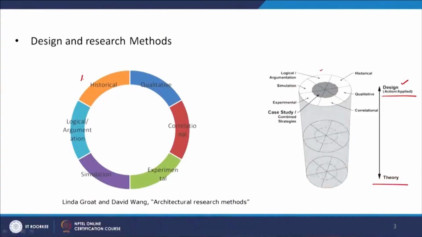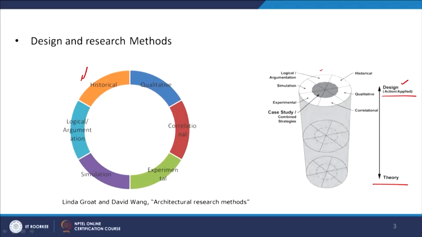It can be any other design style which is not visible today. So this research technique is mostly qualitative, and you have to find out what happened in the past, and based on that you take a design decision.